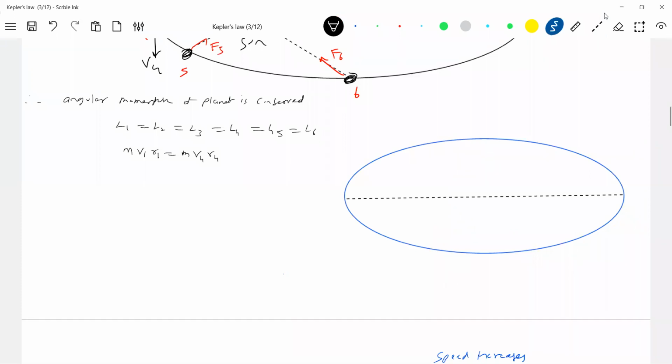So let the sun be here. It will sweep equal areas in equal intervals of time.